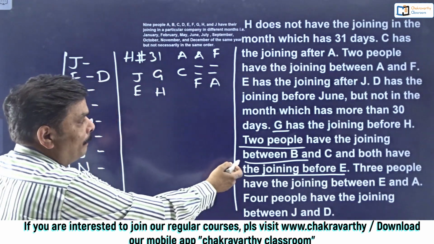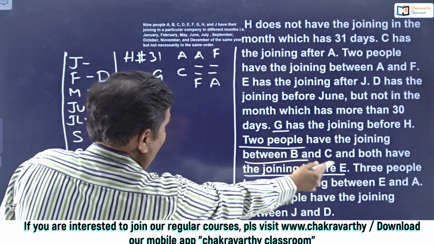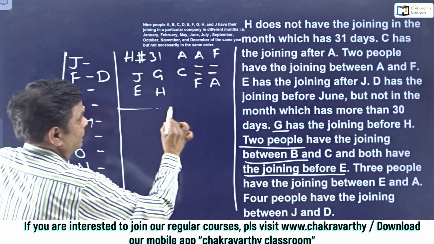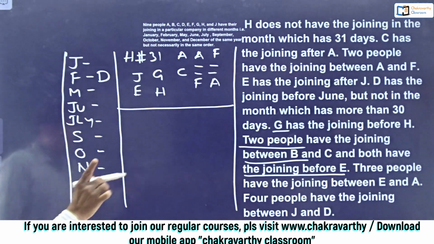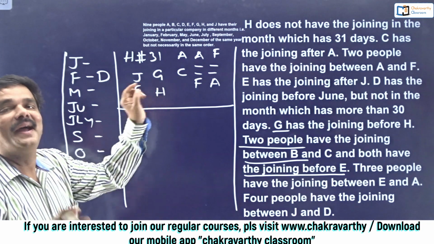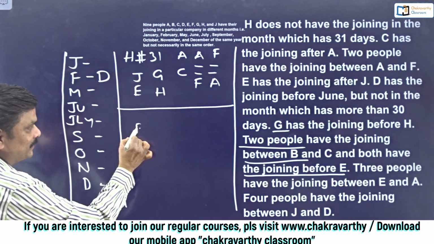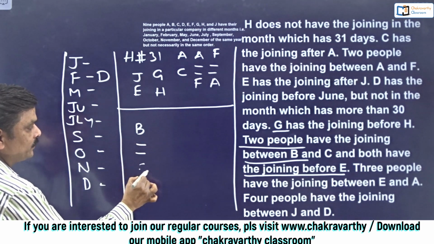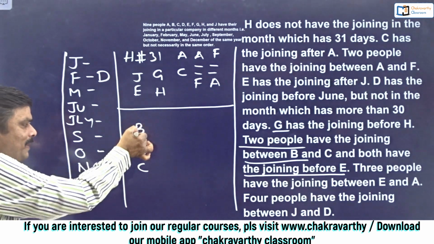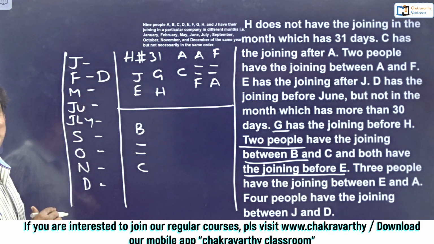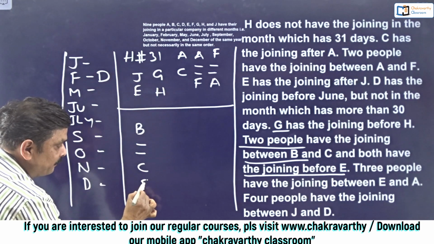Let's take it in this way. Between B and C, how many they have given? Two people. I'm writing this one here. It's a little valid data. It does not mean that it is not valid. As and when it is required, we'll come back to that one. Now, I may go like this. This is B, 1, 2, C. Both B and C are above E only. Above E means E is somewhere here.